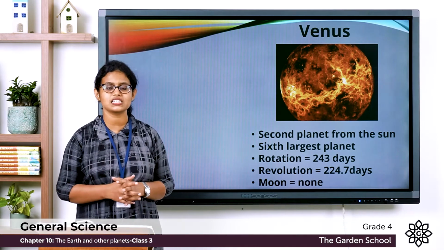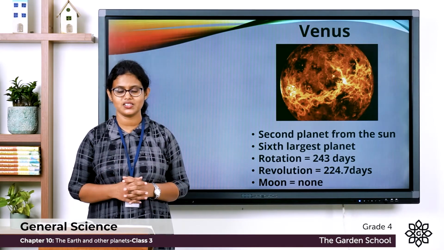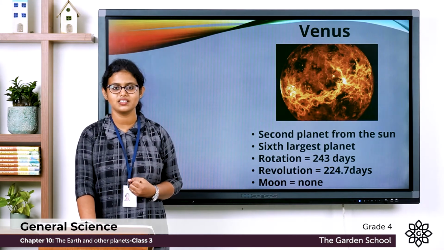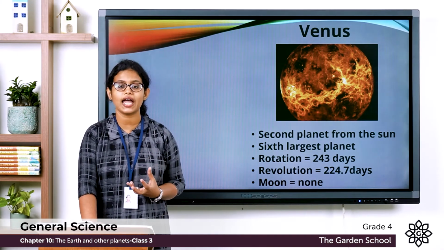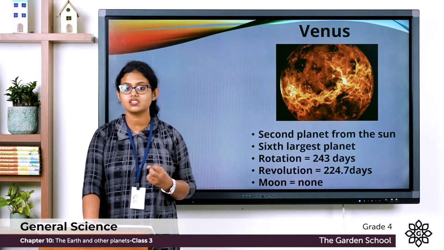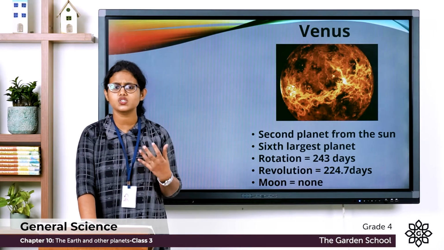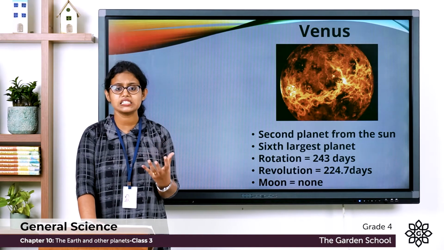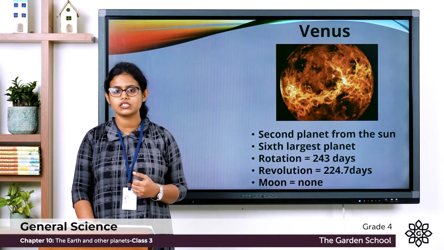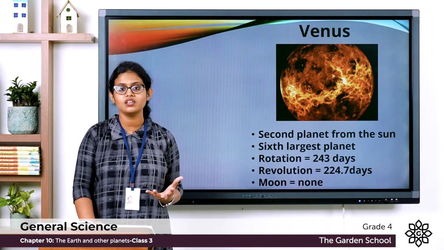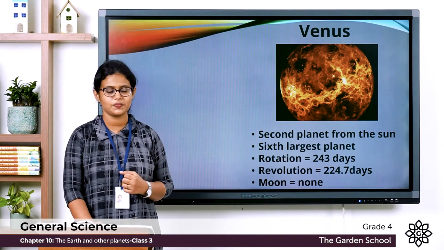So we call it Earth's twin. This planet, Venus, is called the morning and evening star. You know why? Because this planet shines so brightly as it appears soon after sunset and dawn. So this is called the morning and evening star.